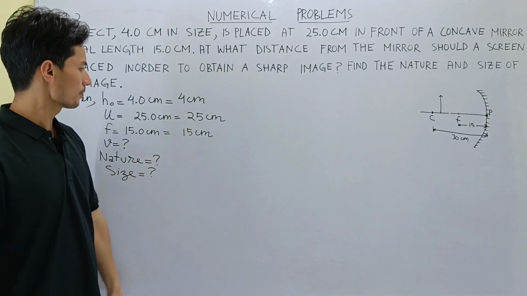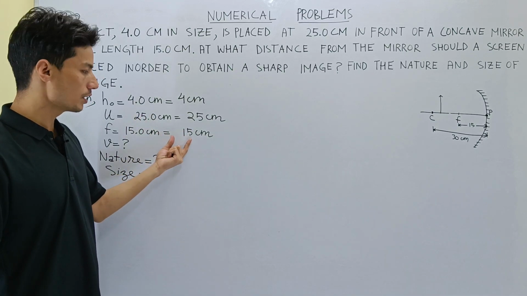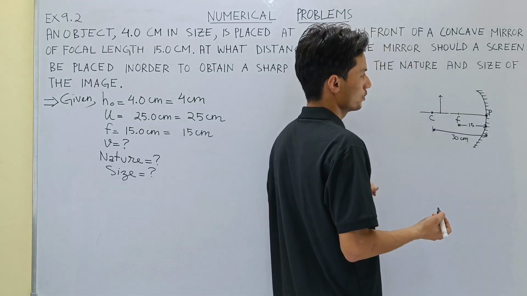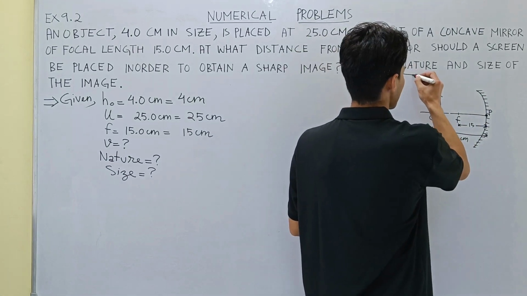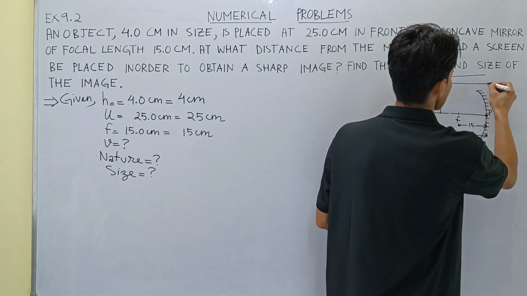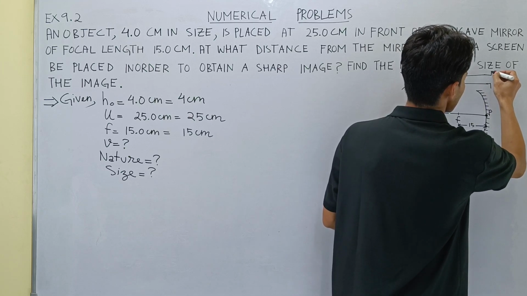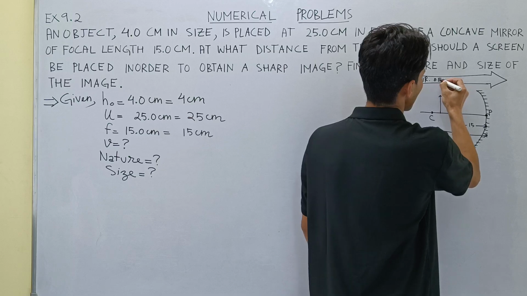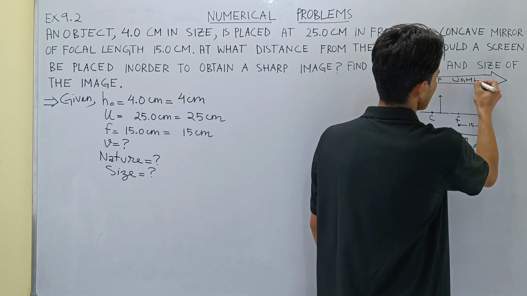So, sign Cartesian. Now let us start from the focal length. To get the sign, my method is I always draw the direction of light. This is the direction of light.